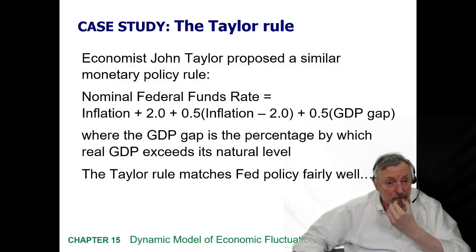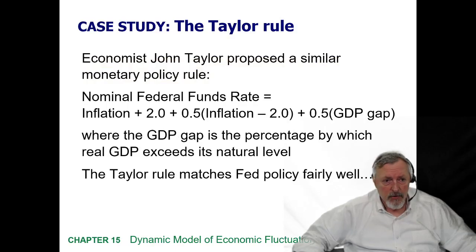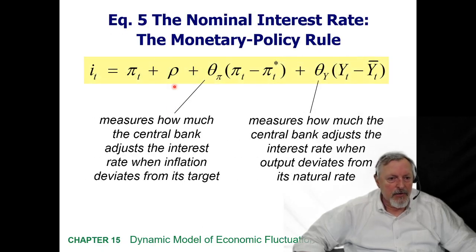An example of this in a simplified form is the Taylor rule, you may have heard of. John Taylor proposed as a policy matter a similar rule, only he did not use rho and other Greek letters. He actually put in numbers.